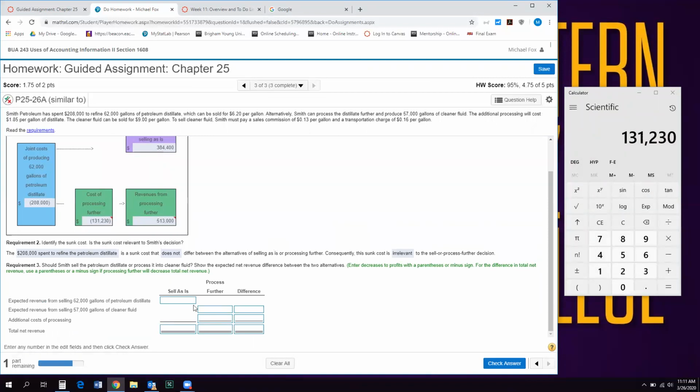So our expected revenue from selling the 62,000 as is is 384,400. Our expected revenue from selling the cleaner fluid is 513,000. Our additional costs of processing are 131,230.